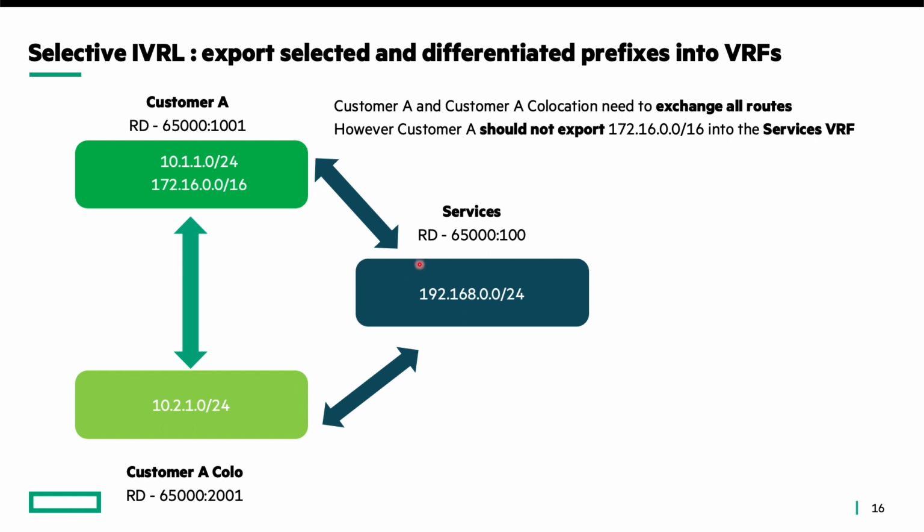So the way to do that is using a selective IVRL: 172.16 to exchange with this customer A colo VRF, but for the services to avoid, to withdraw the leak of this prefix into these services. So this is one application of the selective IVRL.